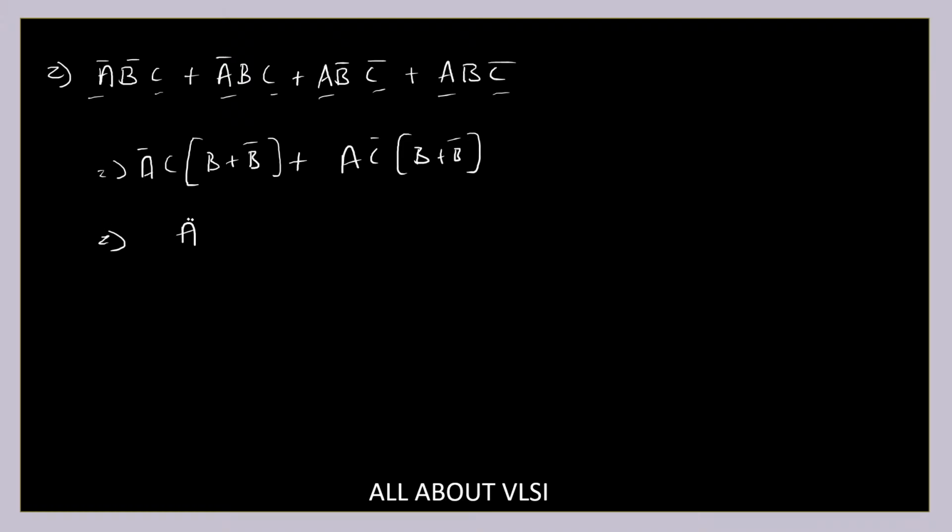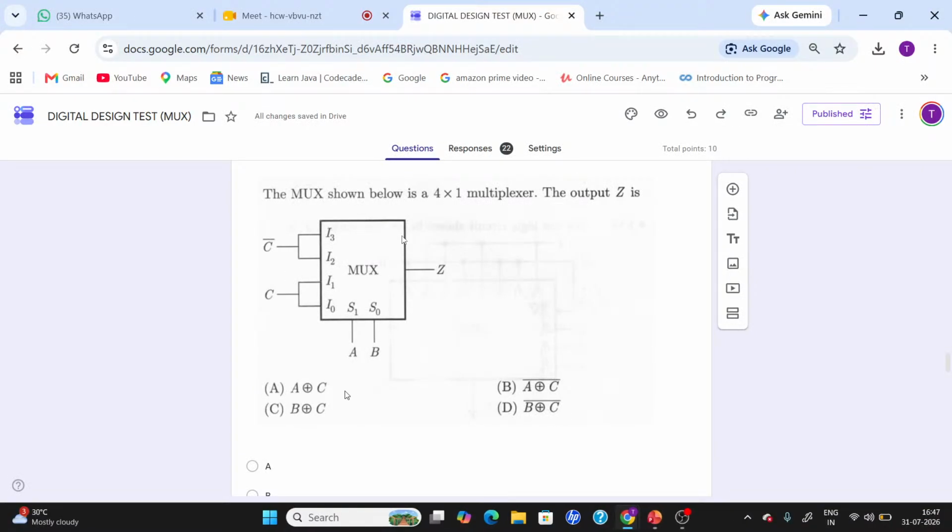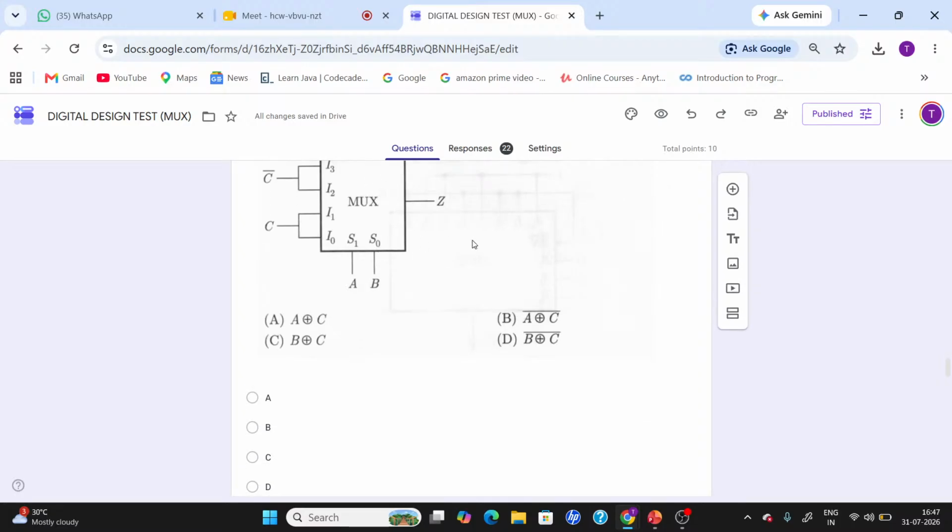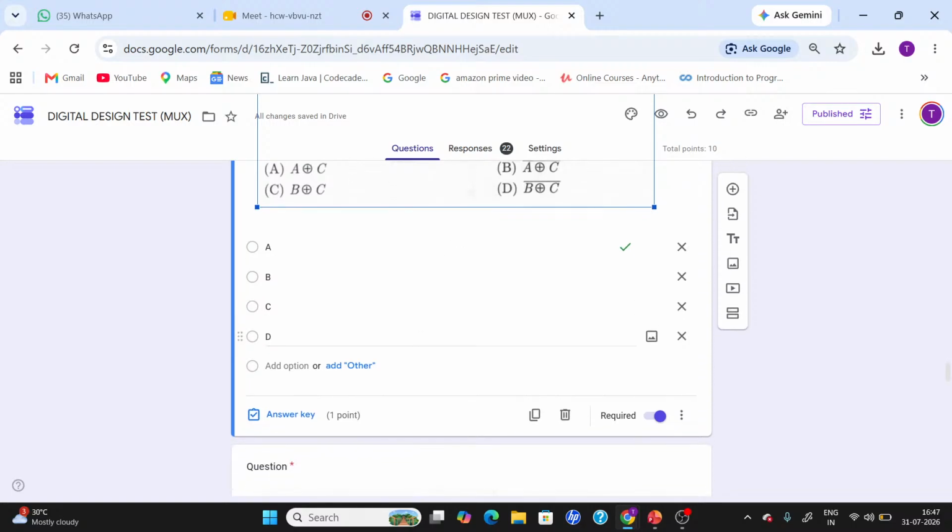So we are left with A bar C plus A C bar, which is nothing but A XOR with C. This is my final answer for this particular question. Okay. So A XOR C is option E. Yes. Let's check it out. A XOR with C. Yes, exactly.